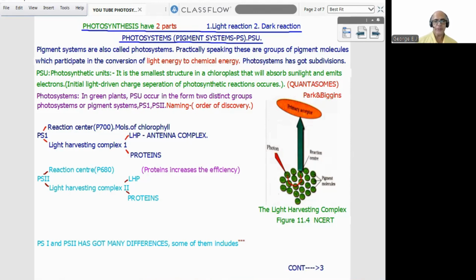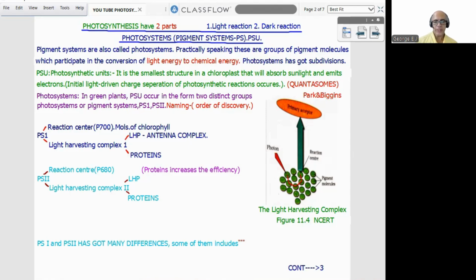Protein has got a function of increasing efficiency. That is regarding PS1. Chlorophyll will be able to absorb 700 wavelength of light. Light harvesting complex LHC has been divided into two components, LHP, light harvesting pigments, otherwise called antenna complex, and proteins.